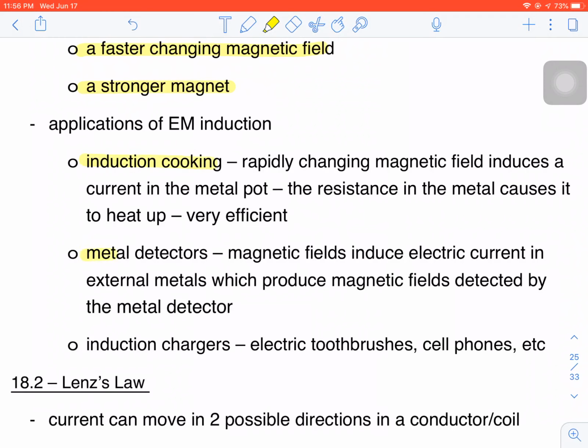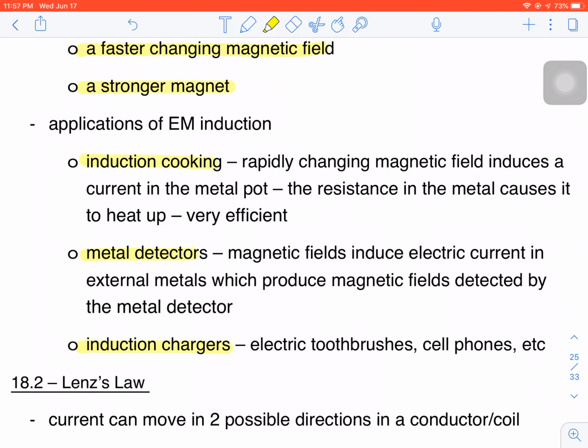Our metal detectors work the same. By moving a magnet past a conductor, we can actually generate fields which are measurable, and we can use those to tell us when there's metal present. And then we have induction chargers, where we don't plug in, you just sit your phone down on the induction charger, and by moving a magnetic field inside the charging base, it will charge our phones.